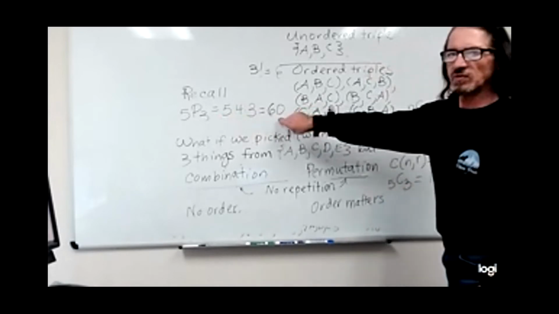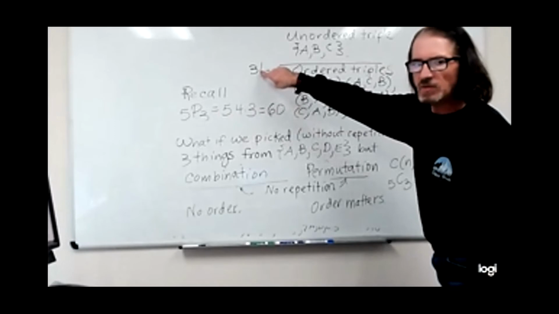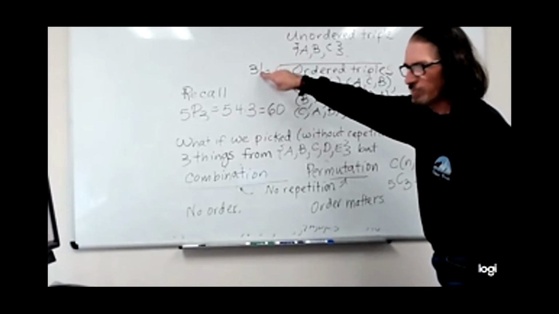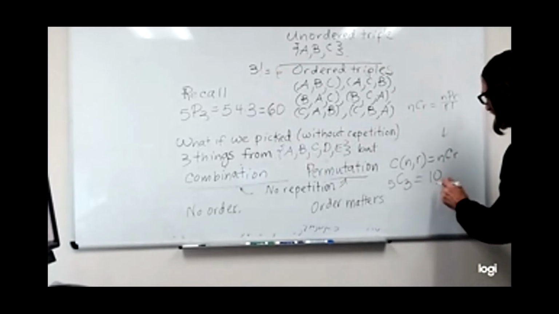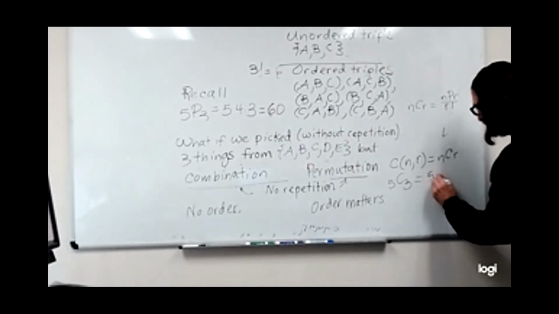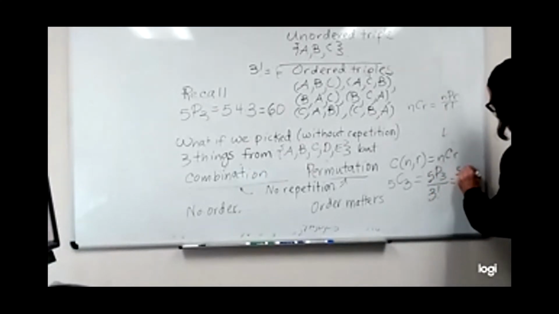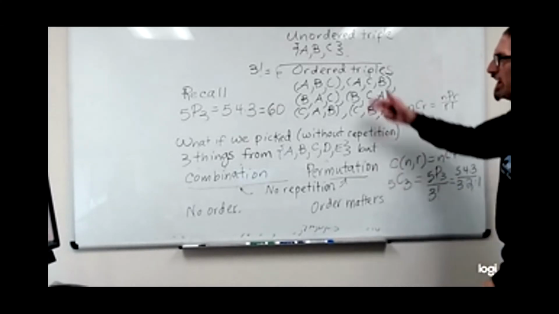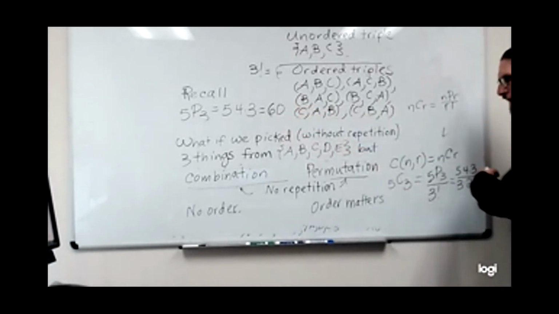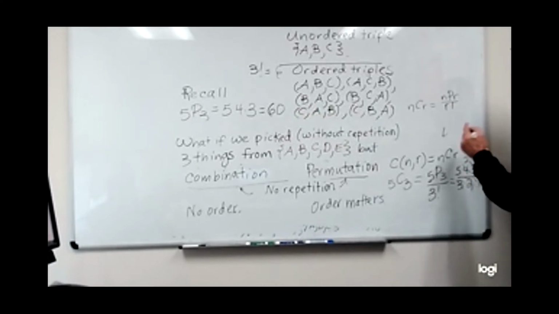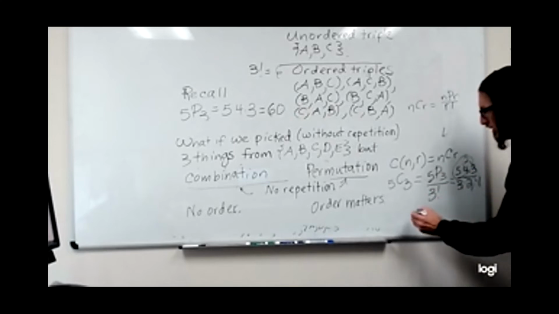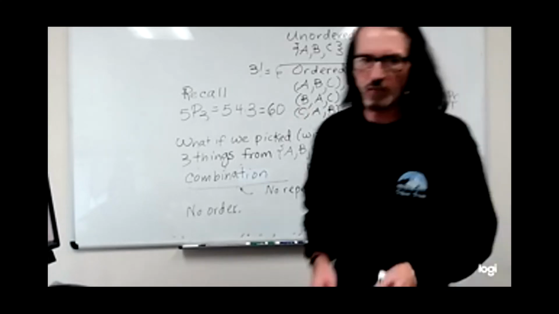If I went from that 60, divide by this, that's dividing out the ordering of the triples to get 10 unordered triples. As a matter of fact, if I had not done this earlier and I had to compute this by hand, well, cancel out the 3's. 2 goes into 4 twice, and dividing by 1 doesn't matter. So 5 times 2 is 10.